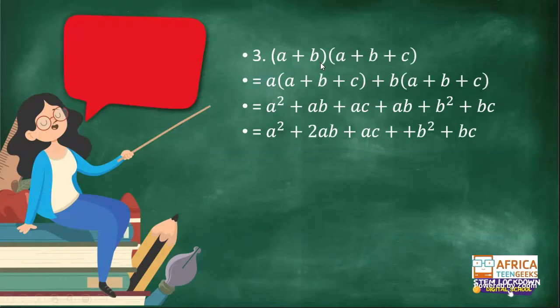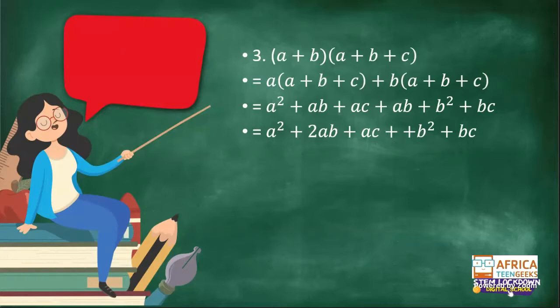If you can look at the first expression there, A plus B into A plus B plus C, what this simply means is that you are multiplying A plus B by A plus B plus C. Those brackets mean multiplication.